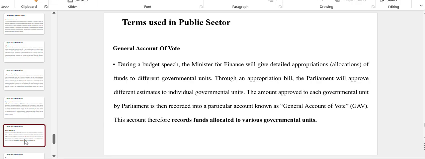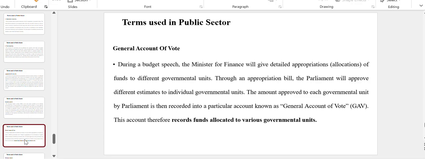Okay? But after parliament has approved this budget, these amounts will be approved to each governmental unit. It could be parliament, it could be judiciary, because now that budget is working. Are you together? So all these amounts approved to the governmental units are recorded in an account called General Account of Vote.